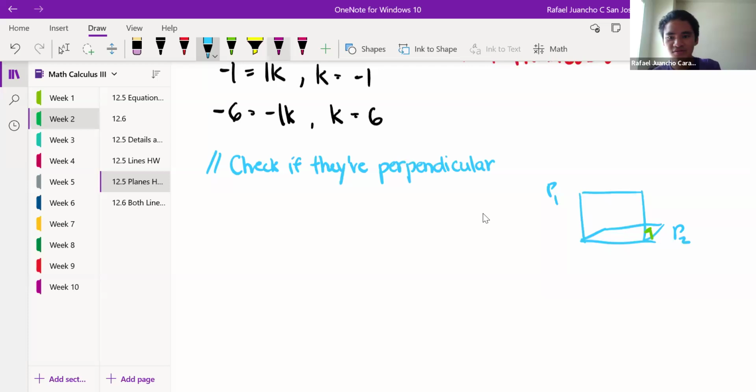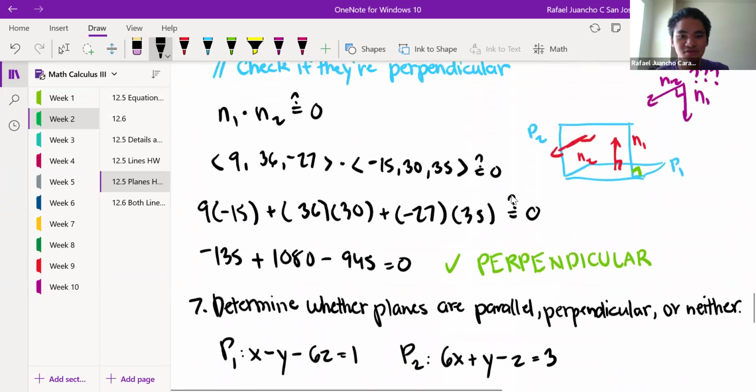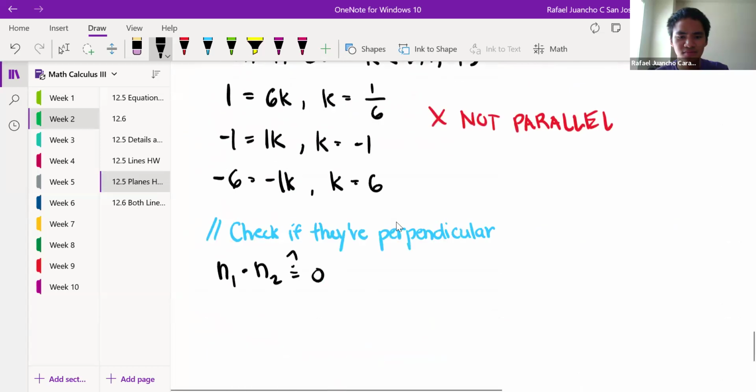If you look at their normal vectors, that's perpendicular, and this one perpendicular, then it means their normal vectors are perpendicular. So we're just checking again if n1 dot n2 is equal to 0. If it's equal to 0, then it means they're perpendicular, just like the one we did here.